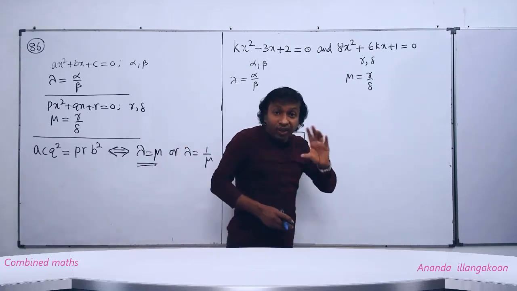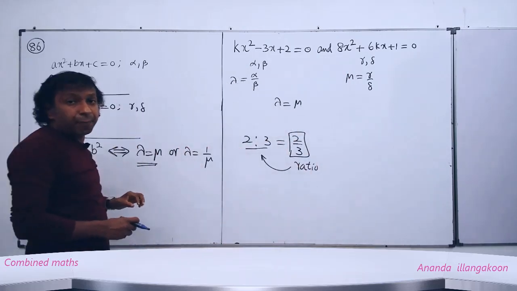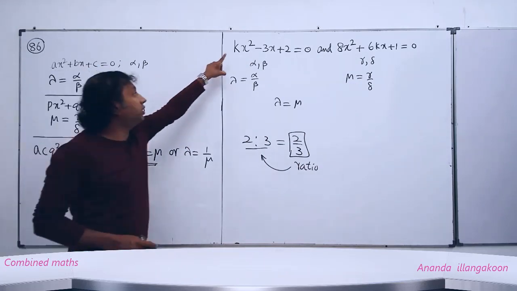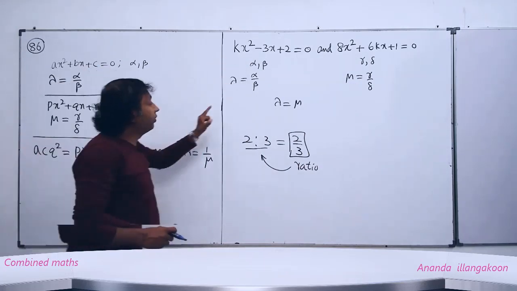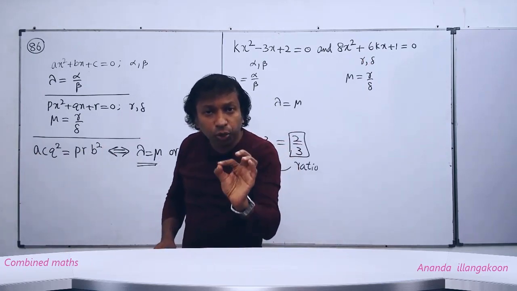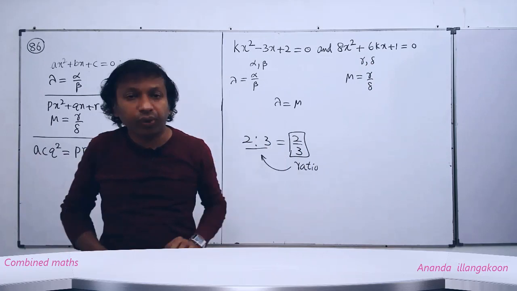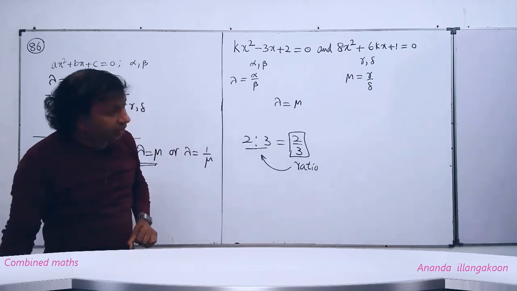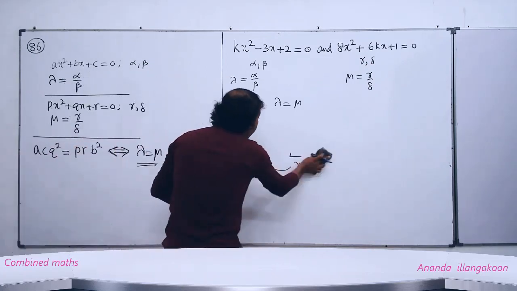Only thing is, by comparing this equation with this and this equation with this, we have to separately find the corresponding A, B, C values and P, Q and R values.